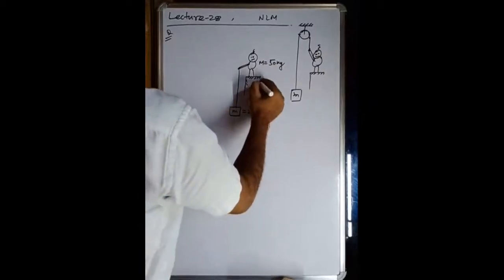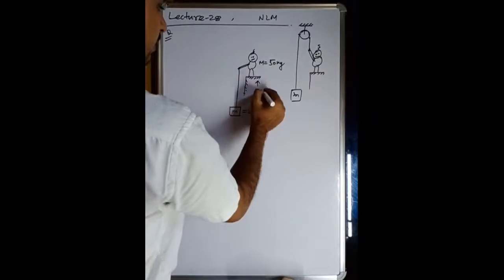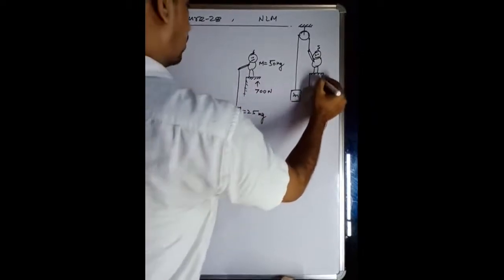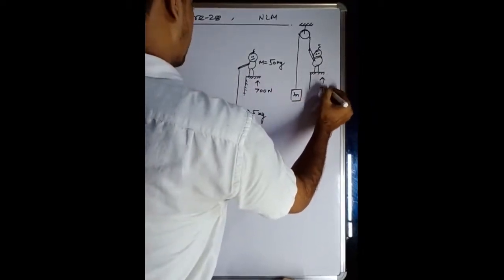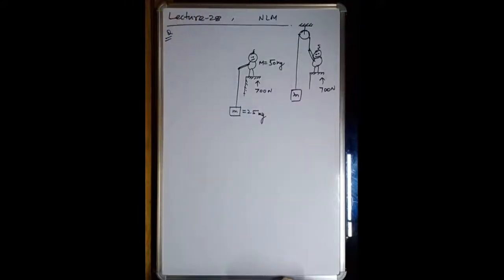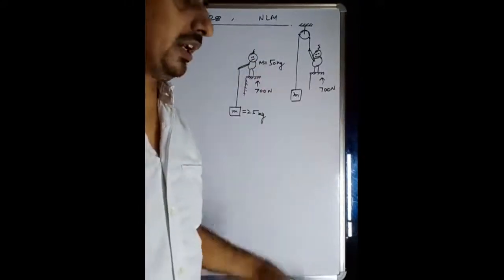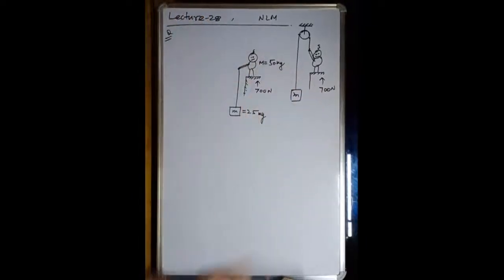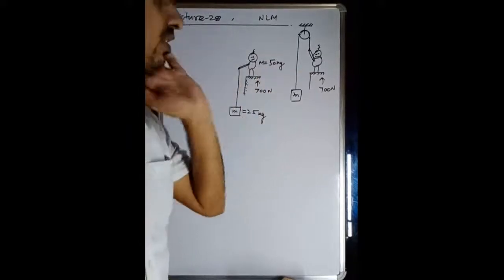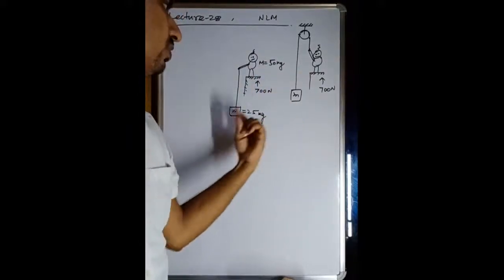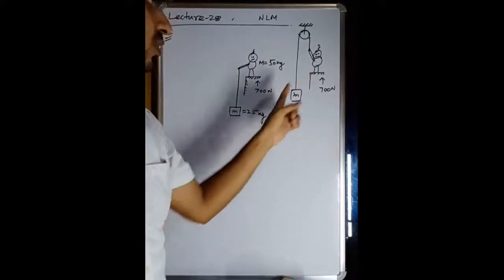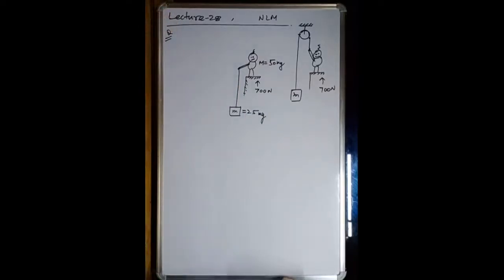This floor can withstand a maximum force of 700 Newton. More than 700 Newton force will cause the breaking of this floor, and of course you can understand what will happen with the man. Which one is the correct way to pull the block, whether in this way or in this way? This is our question. Okay, so let me solve.